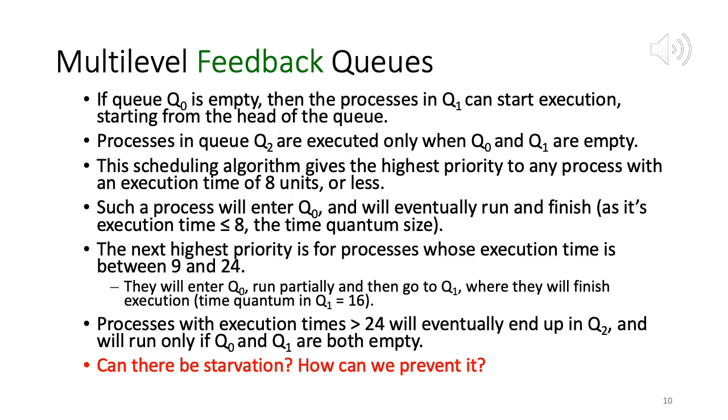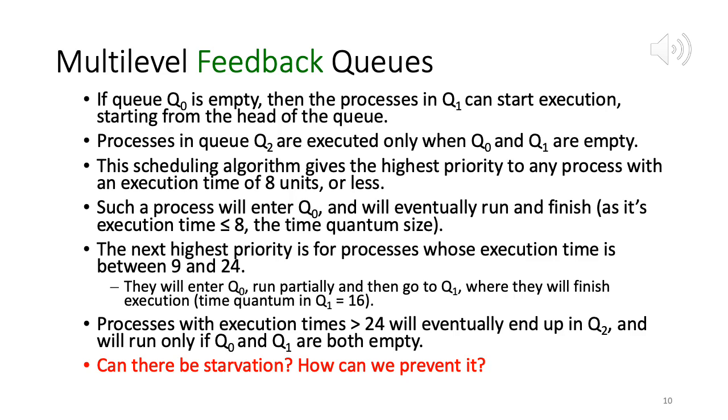Or can we say that there is no starvation? No matter what kind of process it is, eventually it will finish in a reasonable amount of time. So think about it. Can we have starvation here? If so, what can we do about it? If not, then it's okay. I will give you this as an exercise. Think about it, and then we can discuss in one of the live sessions.